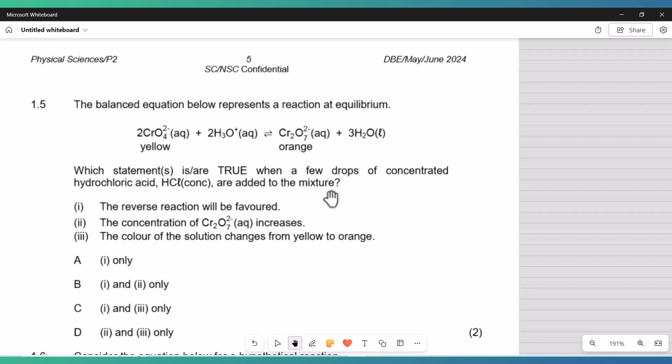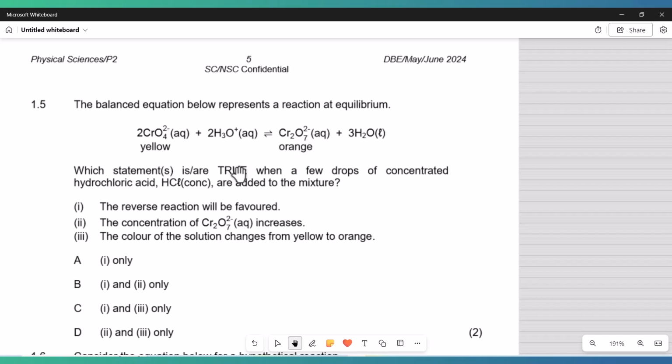Okay, so remember that here we have the chromate ions, which are yellow, meaning that if our solution contains chromate ions, it's going to appear yellow. And then we have the dichromate ions, which are orange, so if you have dichromate ions in the solution, it's going to appear orange, okay.